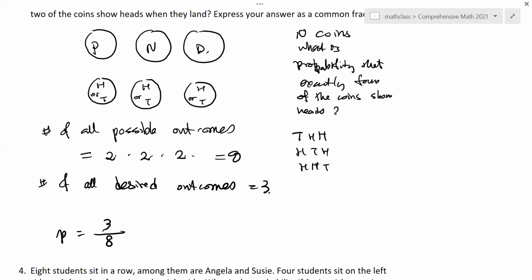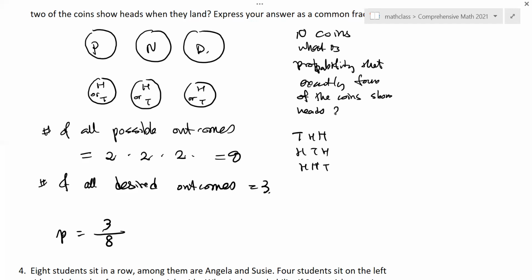Now this problem is equivalent to flipping one coin 10 times and recording it, and you get exactly 4 heads, 6 tails. This is the same problem, because with 10 different coins, you can label them coin 1, coin 2, coin 3. They all drop on the table at the same time, it doesn't matter.